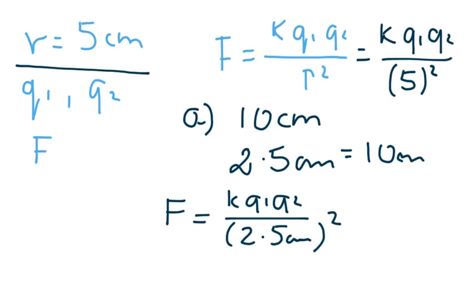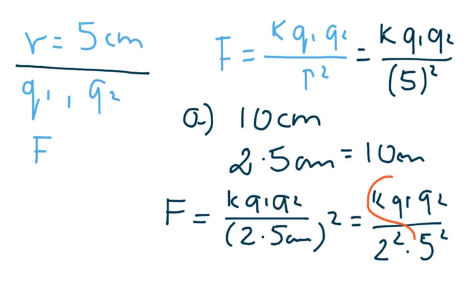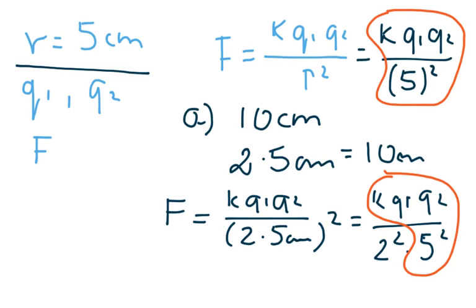And now from the properties of exponents, we know that we can separate those two things. So we can write this as K Q1 Q2 divided by 2 squared times 5 squared, right? And right here it's pretty much the initial force, right?